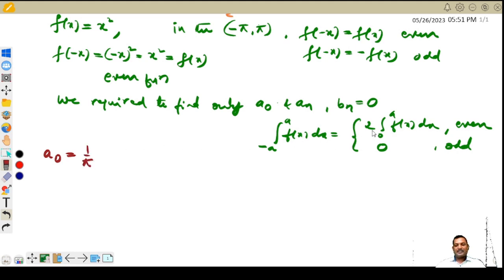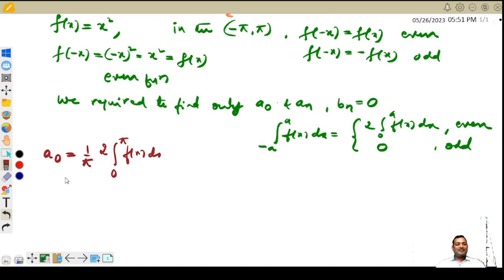Since f of x is even, we are going to write the integral from minus pi to pi as 2 times the integral from 0 to pi, student. This is 2 times of 0 to pi f of x into dx.